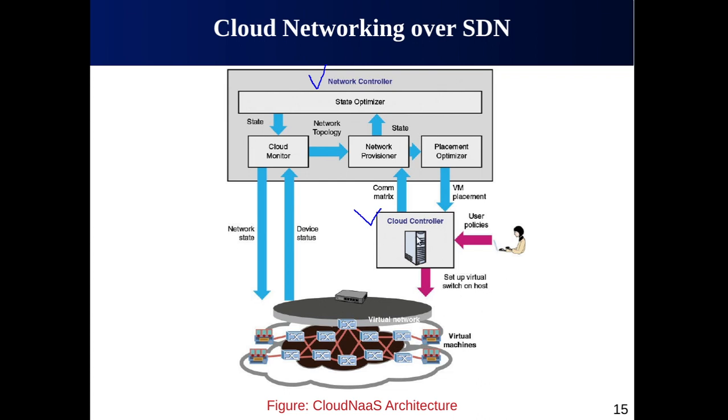So the cloud controller actually constructs the communication matrix as we just saw in the previous slide, and then translates this to the network controller. The network controller actually uses the communication matrix to configure data planes for these switches.